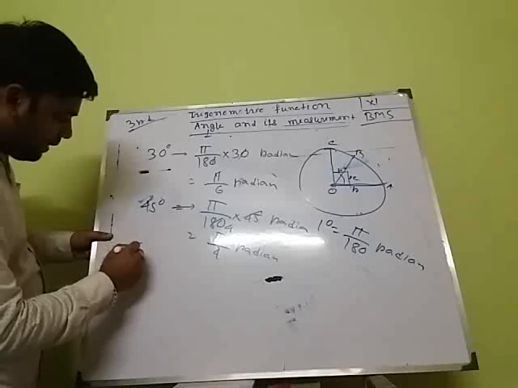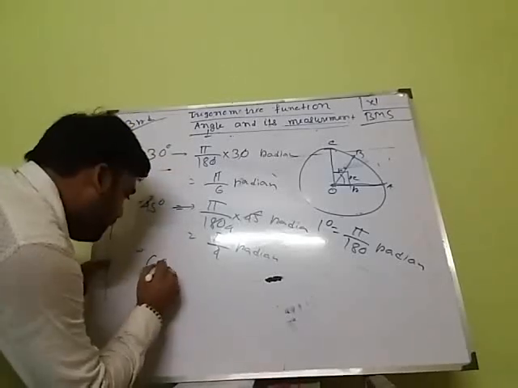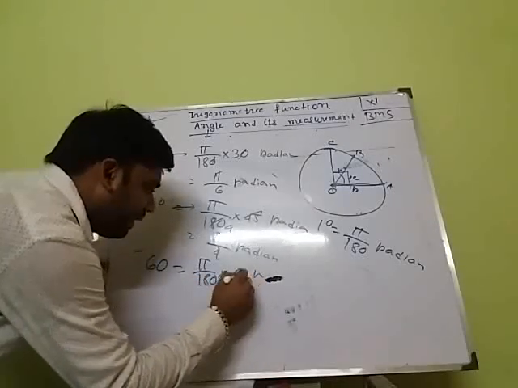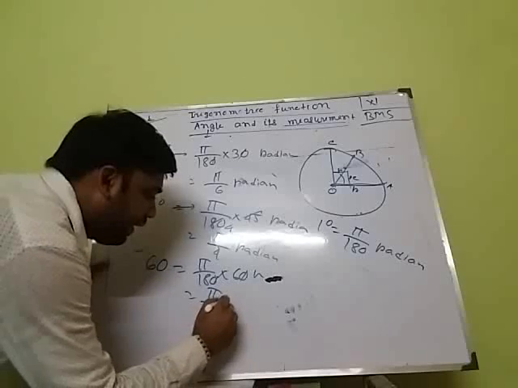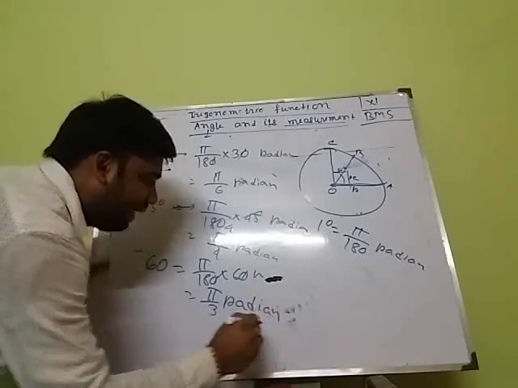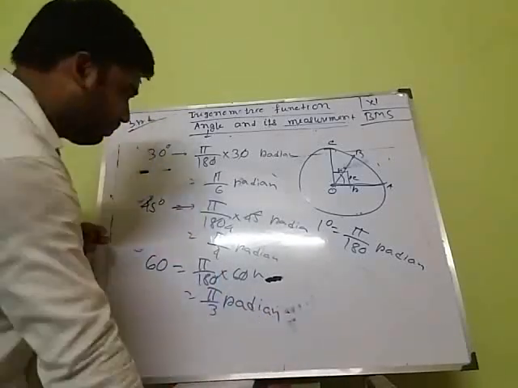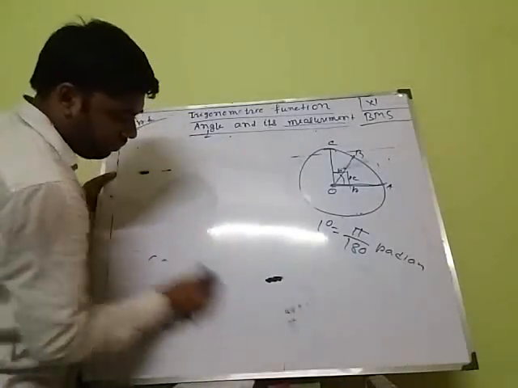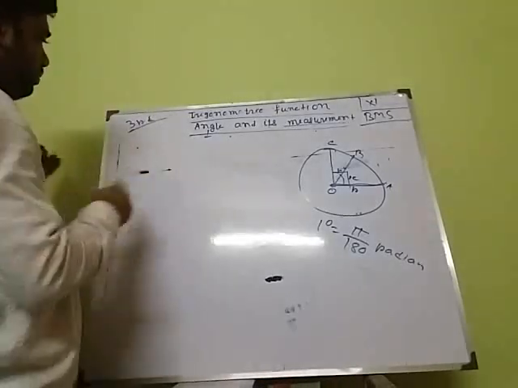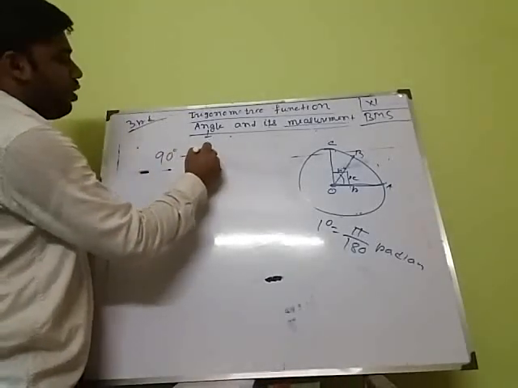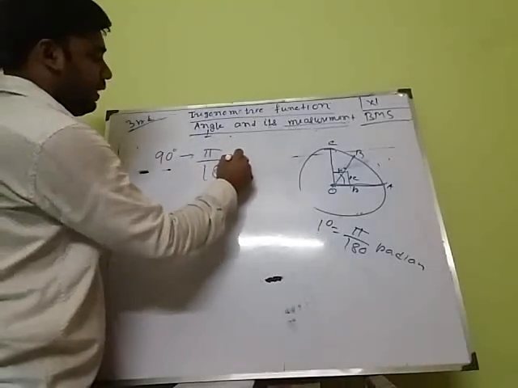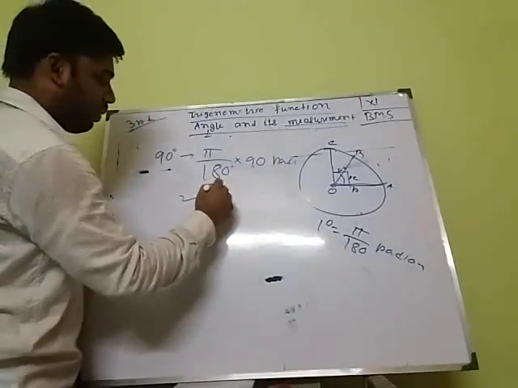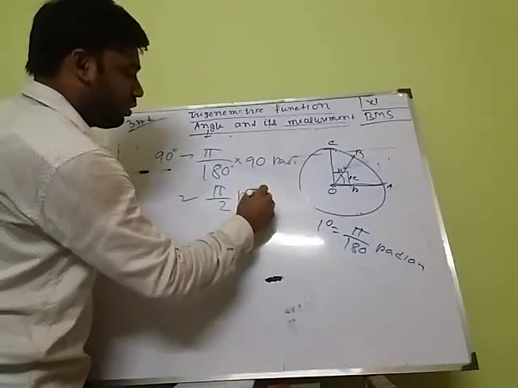Next, 60 degrees equals pi by 180 into 60 radian, that is pi by 3 radian. And the last one is 90 degrees, equal to pi by 180 into 90 radian, that is pi by 2 radian.